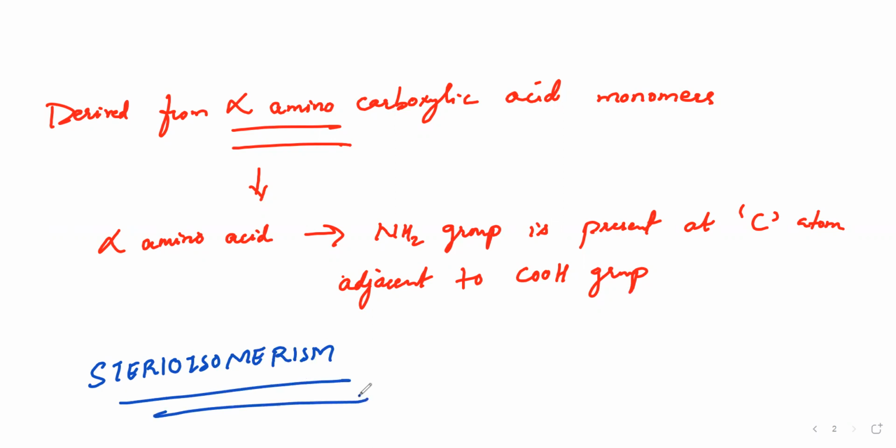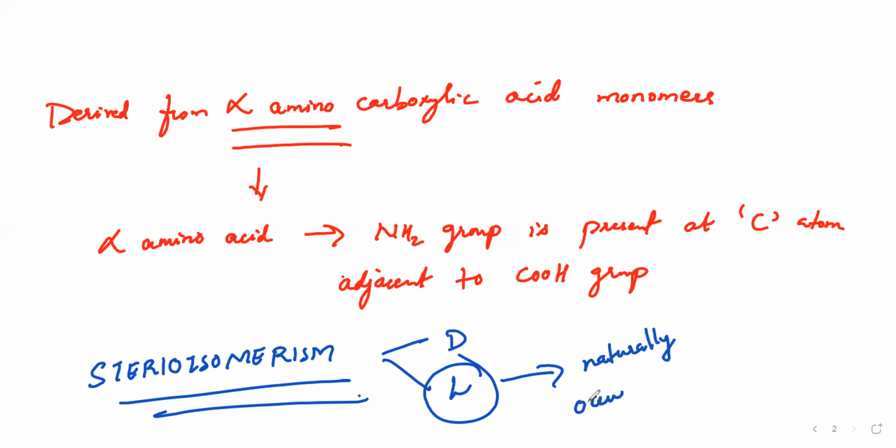What is stereoisomerism? Yesterday I taught you the two types, D and L. Because these alpha amino acids exhibit stereoisomerism, meaning dextro and levo rotatory isomerism, whatever naturally occurring amino acids there are, most of them are in the stereoisomeric form of L.